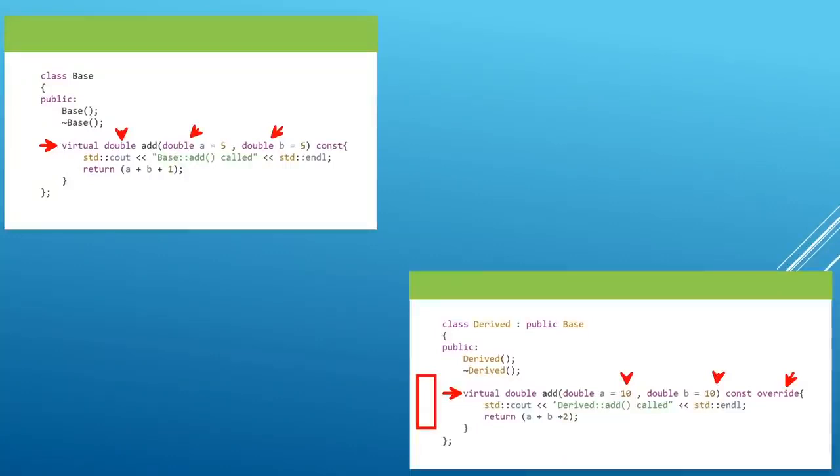But what you get with these default arguments is that the compiler is going to use static binding to decide which default parameters to pass to your function. So even if you will get this method here called, the compiler will still use the default arguments we have in our base class. So we will call this method here, but we will use the default arguments coming from the base class, and this is a behavior you need to be aware of.